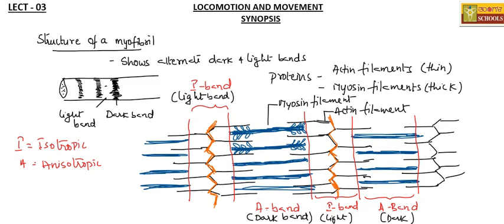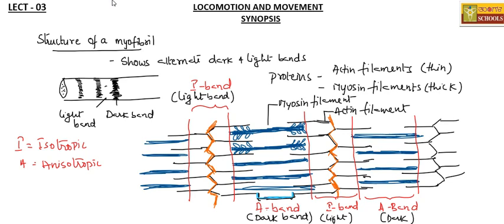Now in the dark band region, the part where you find only myosin filaments, from this point to this point, is what we call the H zone.